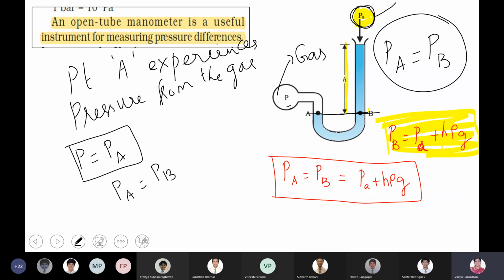What is that? h rho g. So now you equate PA is equal to PB, which is equal to P0 plus h rho g. Therefore, the pressure of the gas, which is equal to PA, will be equal to P0 plus h rho g. This is how you measure the pressure of the gas enclosed in any cylinder.